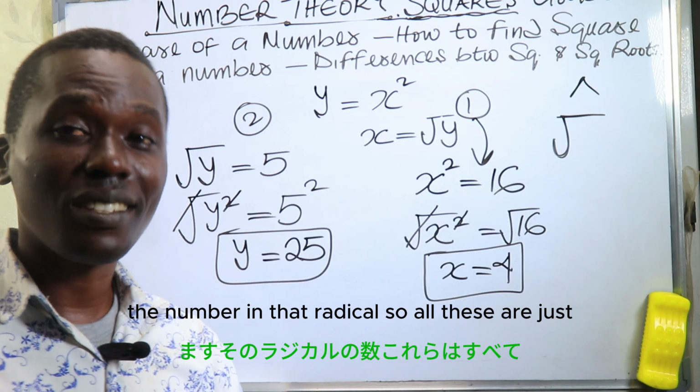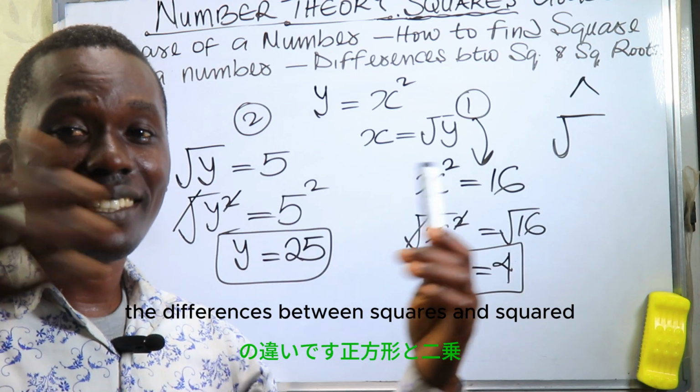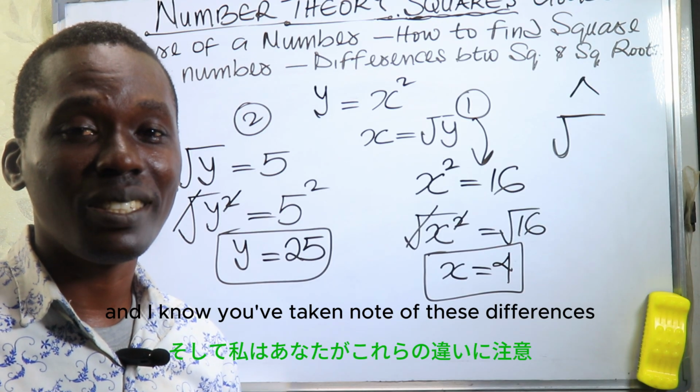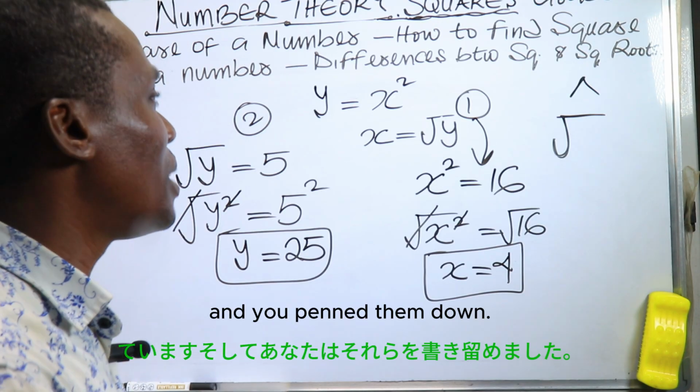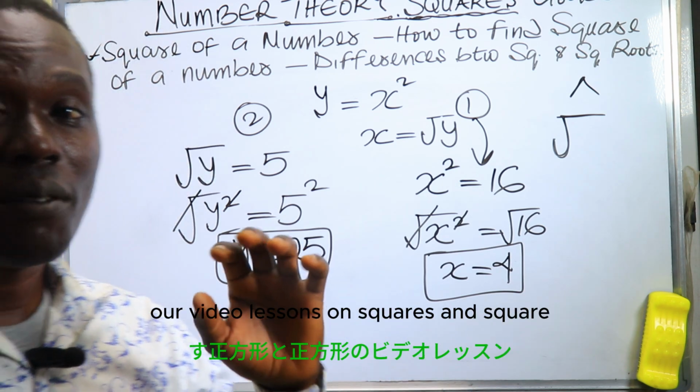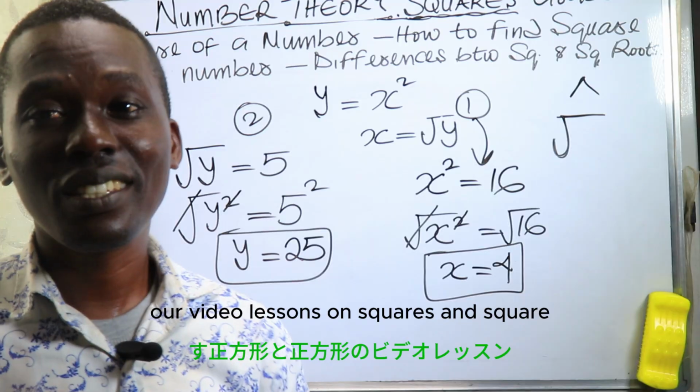So all these are just the differences between squares and square root. I know you've taken note of these differences and you've penned them down. And that will bring a complete end to our video lessons on squares and square root.